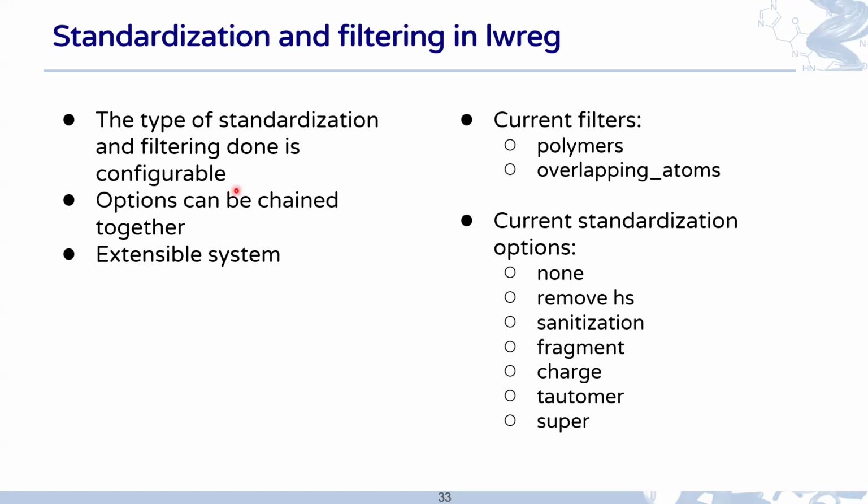Similarly, you can add a Python function to add a new filter. These can also all be chained together. So you can say, okay, I want to filter out polymers or molecules with overlapping atoms, and then I want to remove H's. Remove H's and then sanitize, do the standard RDKit cleanup. So you can chain these to each other.